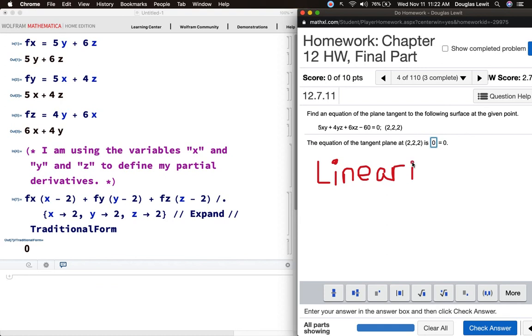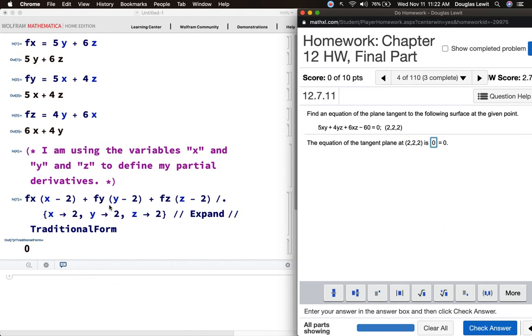Linearization. So you're taking a nonlinear function and you're trying to linearize it near a point. Why? Because linear functions are easy to work with. They're easy to analyze. And that's the whole logic behind it.